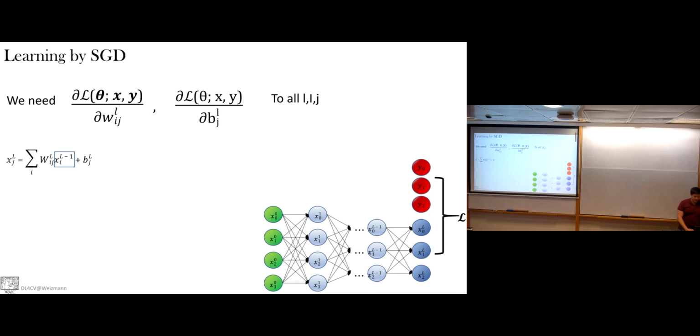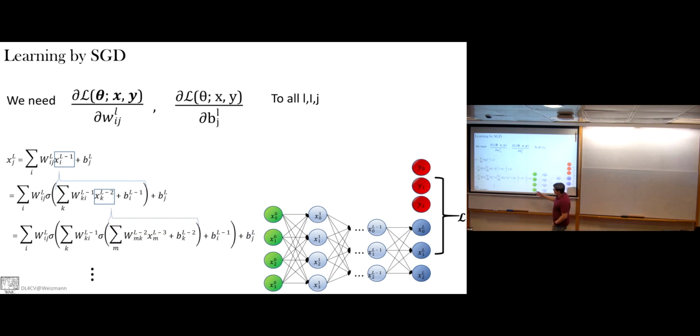Remember that we apply the layers sequentially. So this X from layer L minus 1 can now be extracted as its own function. And then I can see X at layer L minus 2, which is still not getting me there. If I want to get all the way to the bottom, it's going to be very heavy, because it's going to go on, and every time I have this summation over all the possible routes going through all the possible neurons.